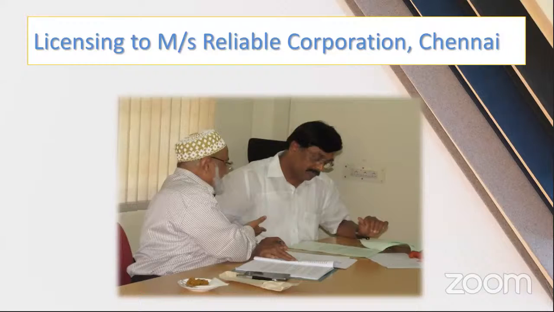But it did not materialize. But later on, in 2017, it was licensed to MS Reliable Corporation, Chennai, but they are not able to successfully market it because there are not too many takers in India for seed pelleting.